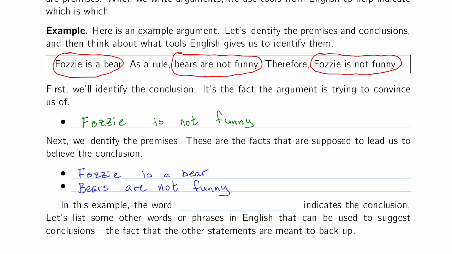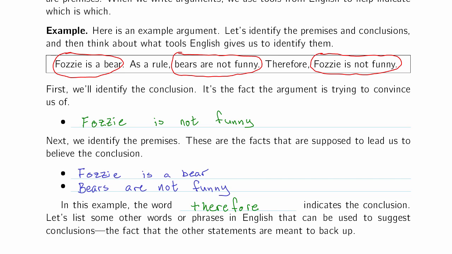Okay, what is it in this argument that makes us think that Fozzie is not funny is the conclusion? Well, there's a cue word in this argument. It's the word therefore. Therefore is a word that we use in English to cue that we're about to state the conclusion.